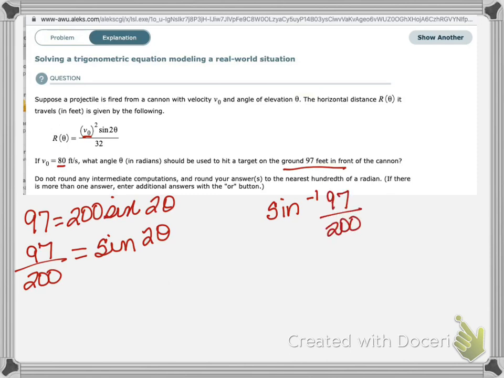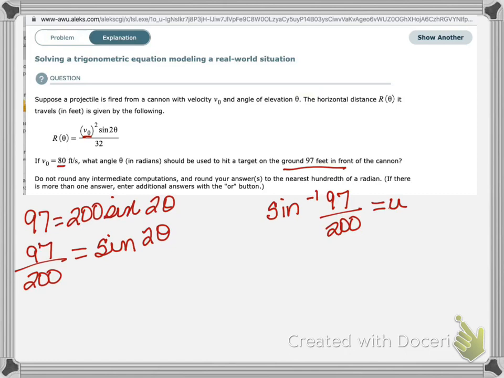Now, this is why we substitute in the u, because we have 2 theta here. We can't deal with that 2 theta until the end. So I think that u is what confused everybody. But what we're doing here is trying to find the inverse of sine.